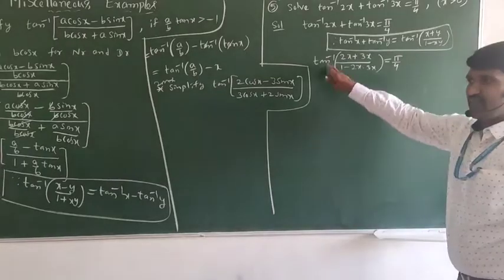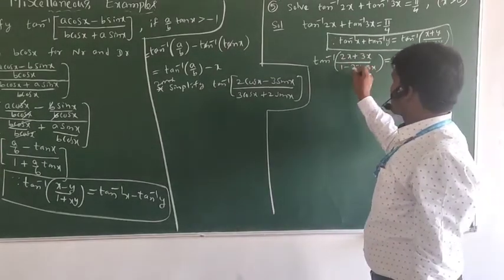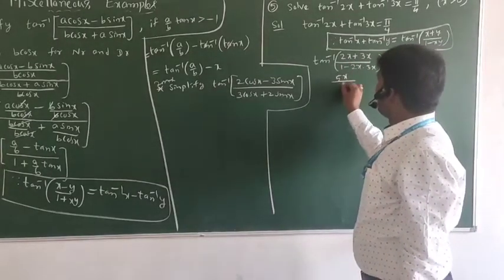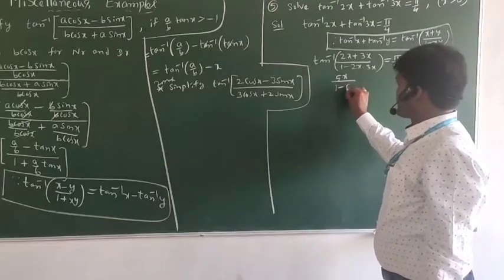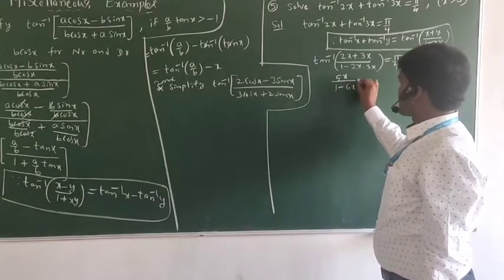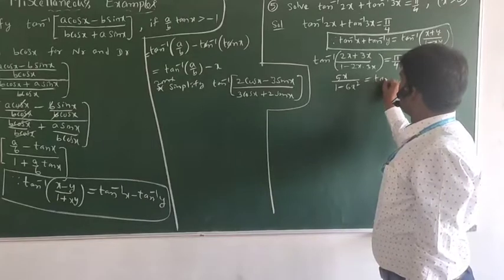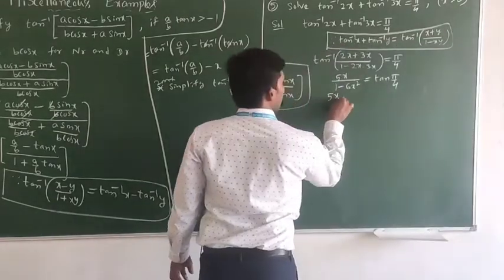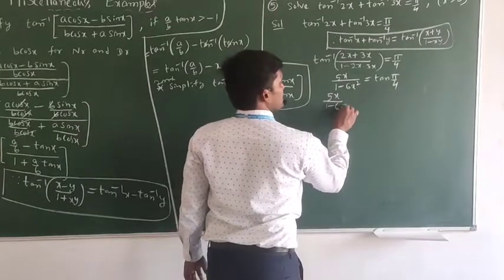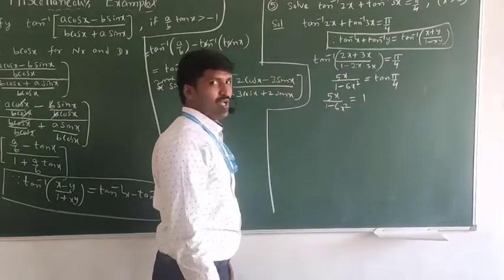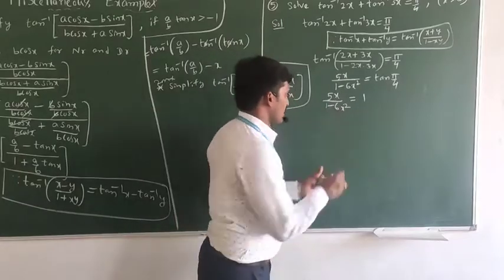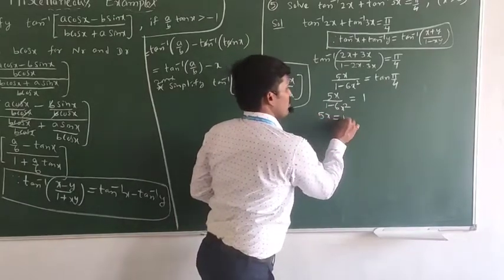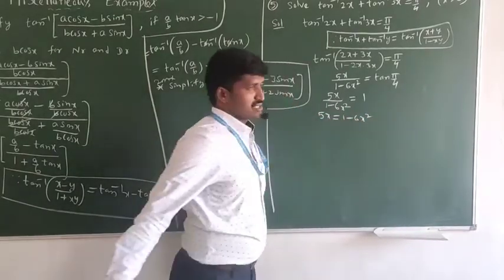Now take this tan inverse to the right side. 2x plus 3x, 5x, by 1 minus, 2 threes are 6, x into x is x square, equal to tan pi by 4. Now 5x by 1 minus 6x square, tan pi by 4 is 1. Now cross multiply this value. 5x equal to 1 minus 6x square.